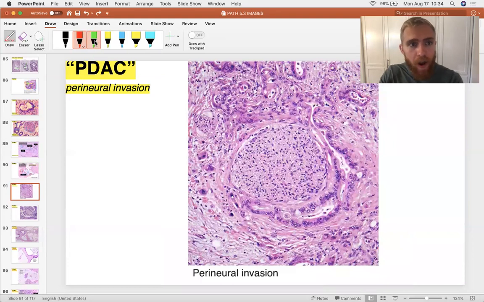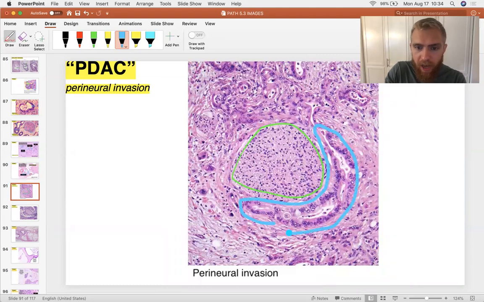Perineural invasion, great, great slide. Yo, nerve, very clearly a big nerve bundle. And so it's wrapped in a coat of perineurium. And here is your ductal adenocarcinoma inside that perineural bundle. It's kind of shaped like a glomerular crescent here.